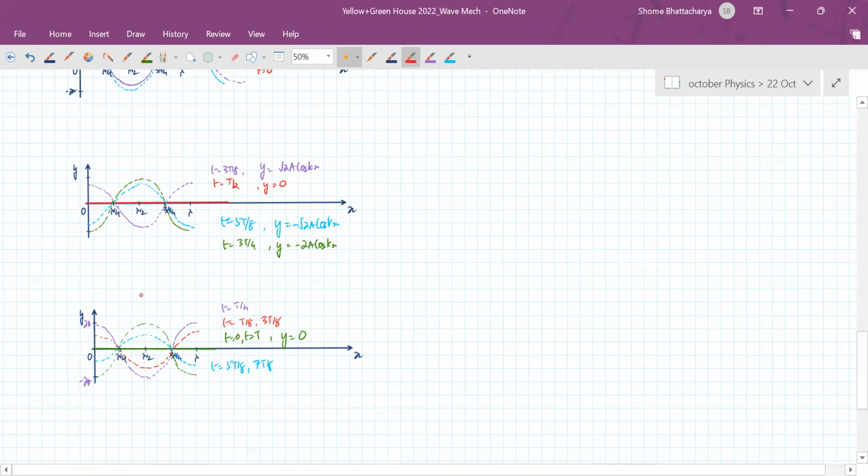Whereas the particles which are at lambda by 4, 3 lambda by 4, further ahead 5 lambda by 4, etc., are going to oscillate with 0. I mean, they are not oscillating, they are remaining fixed. So this green colored line was again at t equal to 3T by 4.